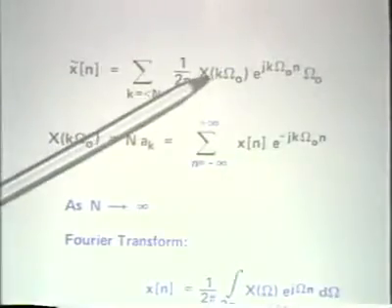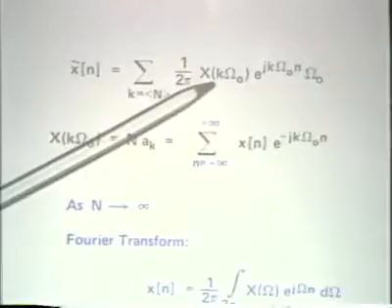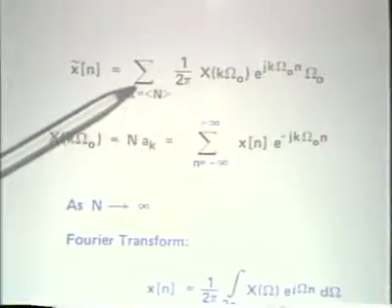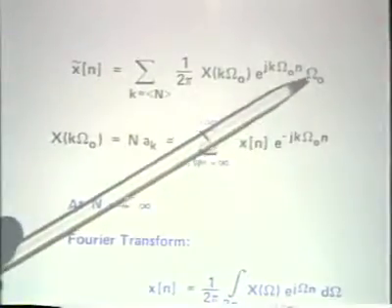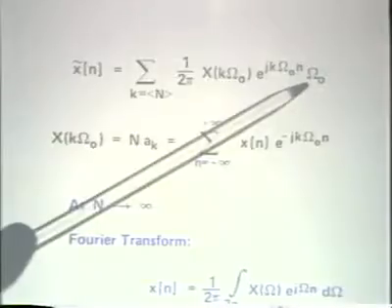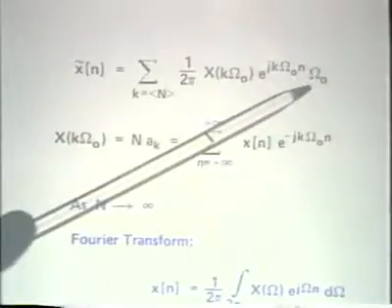And what happens is exactly identical mathematically to continuous time. I won't belabor the details. Essentially, it's this sum that goes to an integral. Omega 0, which is the fundamental frequency, is going towards 0, in fact, becomes the differential in the integral.